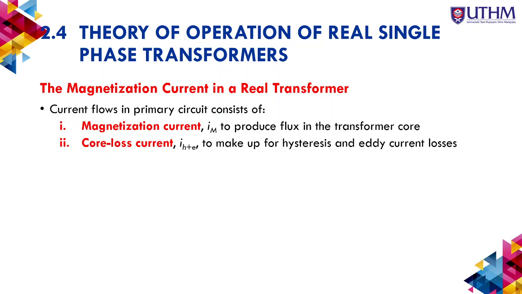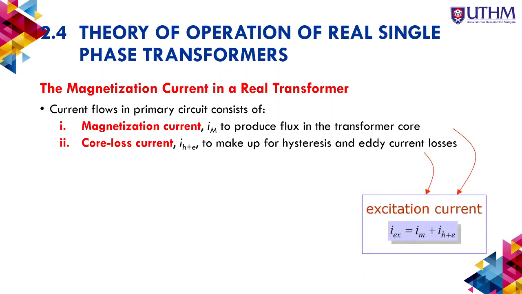And then the second one is the core loss current, which is the hysteresis and also the eddy current. So the total of these together becomes the excitation current. They call it the excitation current.